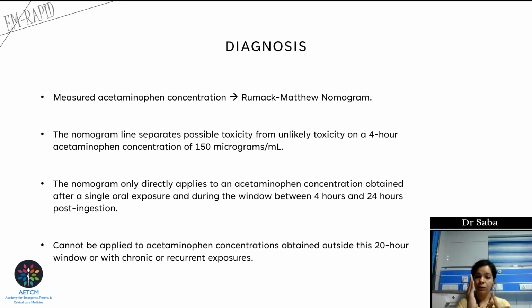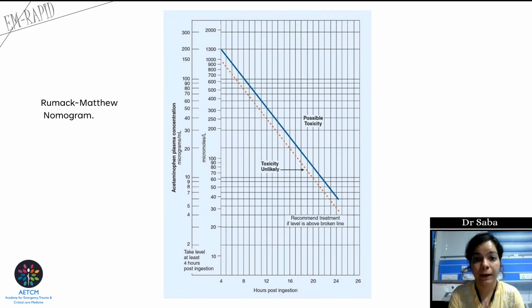So it's a single oral exposure 4 hours post ingestion within 24 hours, which is why the samples will be sent after 4 hours of ingestion, and there will be a nomogram line which will separate the possible toxicity to the level wherein you could declare that the patient levels of the paracetamol in the body is not toxic.